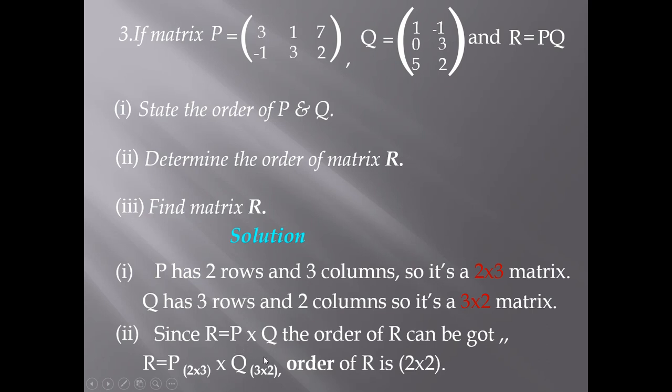So R will be a 2 by 2 matrix. Derived from this, P times Q, since the columns here are equal to the rows here, then R will be a 2 by 2 matrix.